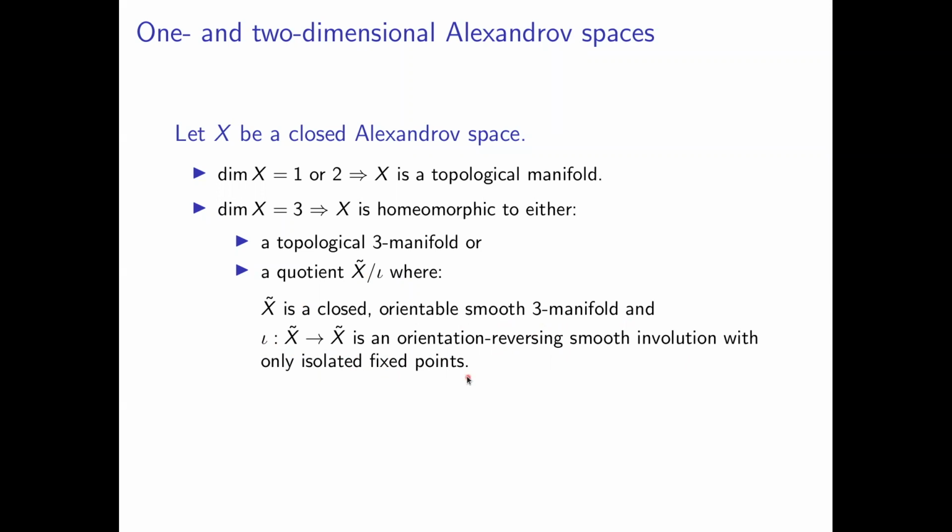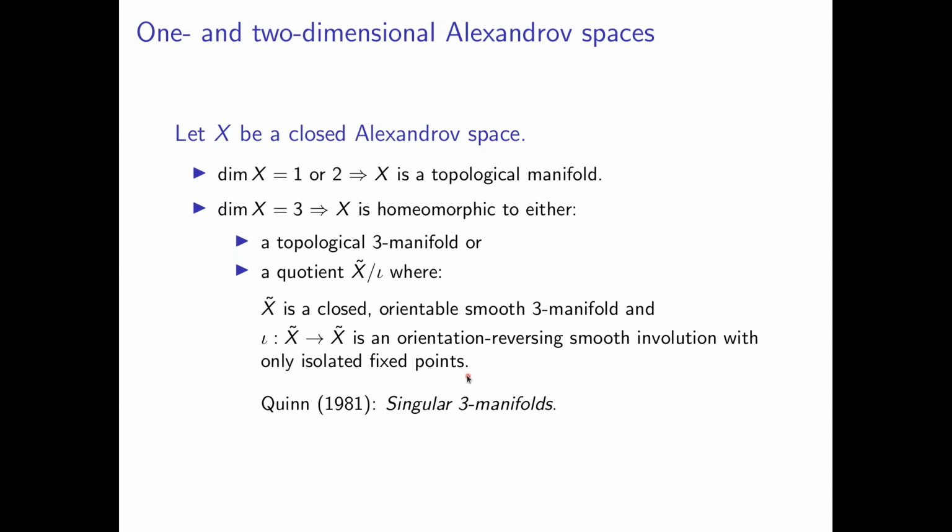So if you take a 3-dimensional Alexandrov space, it's either a 3-manifold, and then you're in 3-manifold topology, or there is always an orientable 3-manifold with an involution, and when you take the quotient, you get the non-manifold space that you had. A key thing here is that this involution is orientation reversing and only has isolated fixed points.